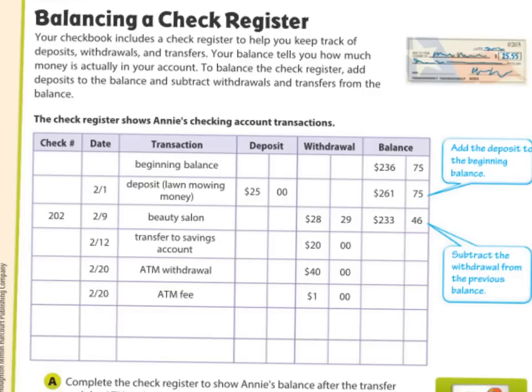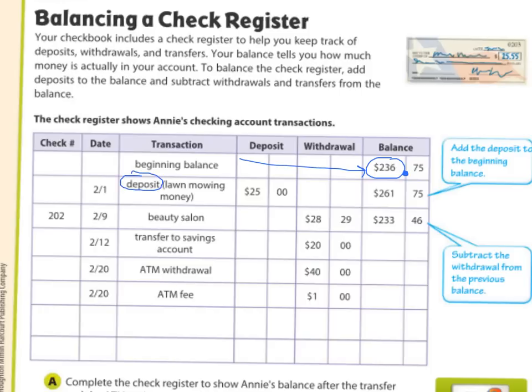So with this one, her beginning balance, she started at $236. Well, make that $236.75. And then, okay, now it says he's making a deposit.